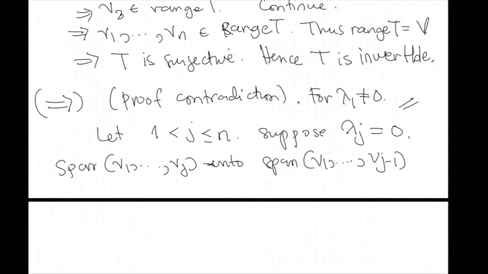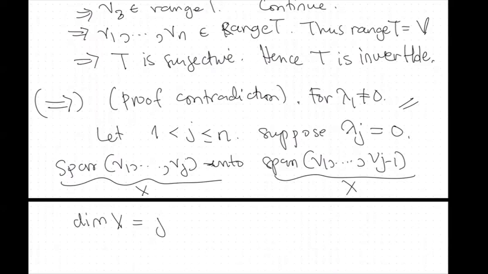This is contradictory, because the dimension of x is j and the dimension of y is j minus 1, since we have assumed that the V's are basis elements.